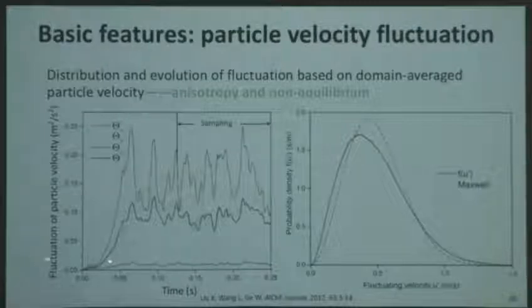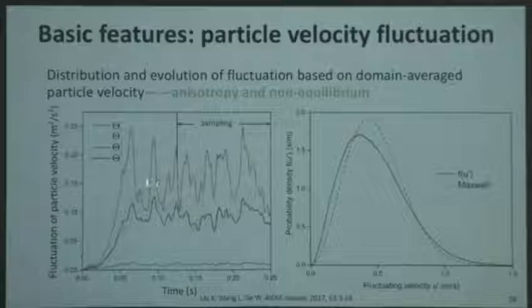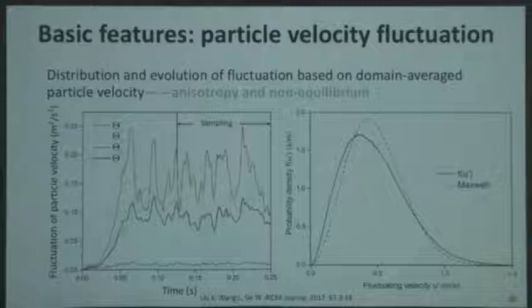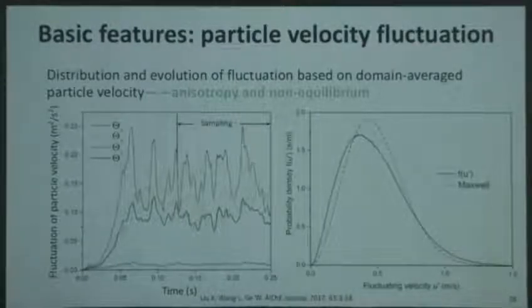You can see at first the granular temperature increases, and then it is fluctuating, and we start with a stable fluctuating period. And in terms of its magnitude, you can see it's different from the same-temperature Maxwellian distribution. We try to use different temperatures to fit this, but anyway, you cannot fit it in the Maxwellian way.